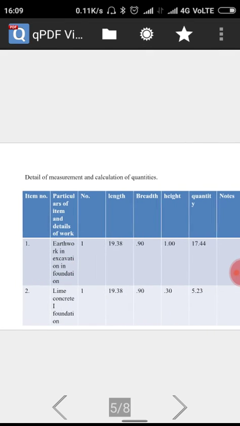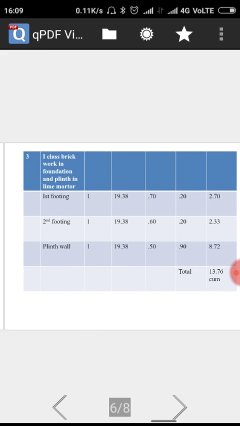The length will remain the same because it is the center line length, which always remains constant for different items of work. The center line is 19.38 meter.